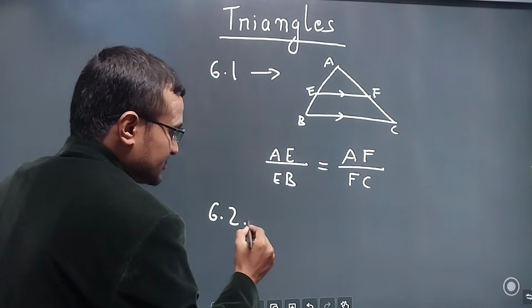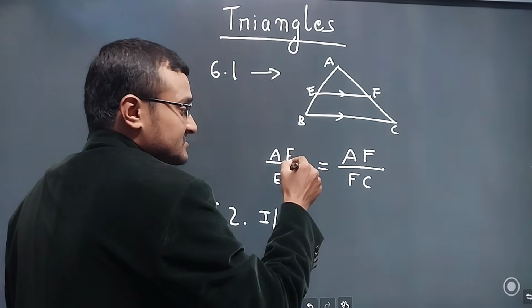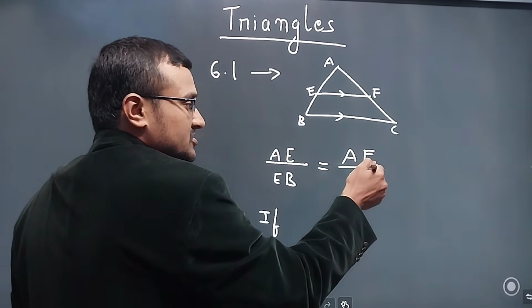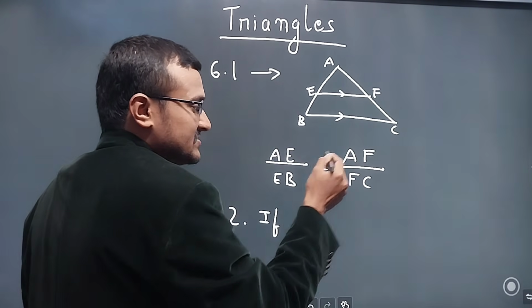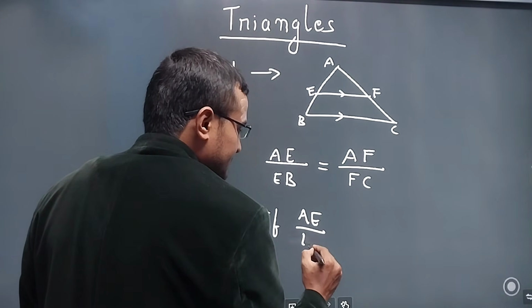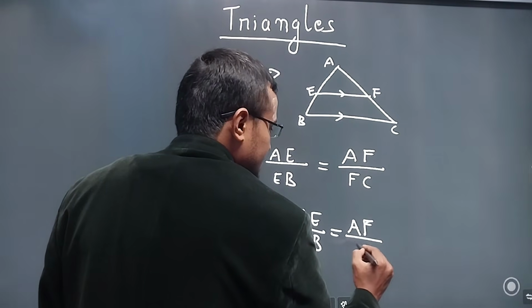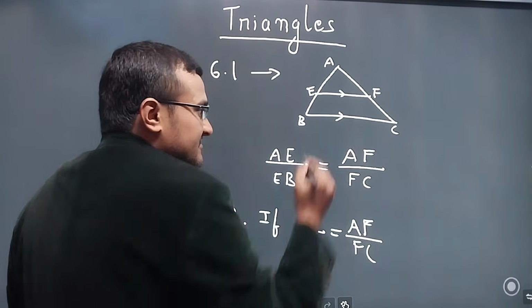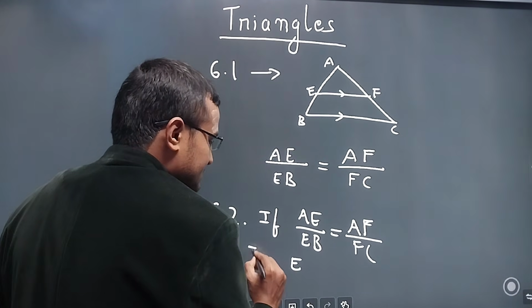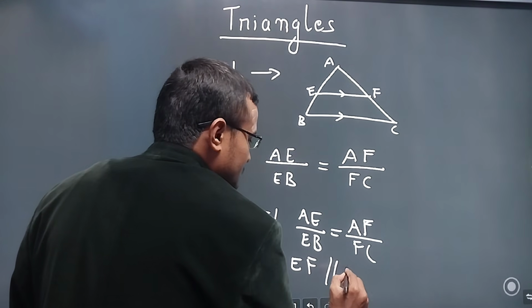Similarly, in theorem 6.2, if these two sides are in equal ratio with these two sides, that is, if AE by EB is equal to AF by FC, then EF is parallel to BC.